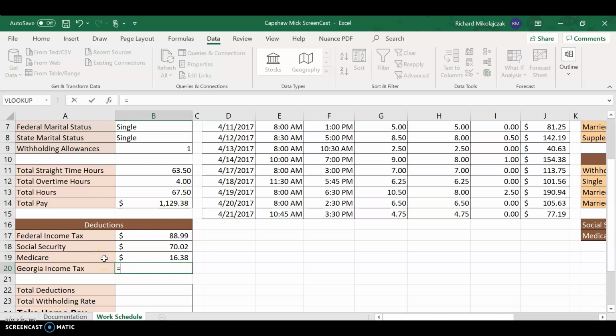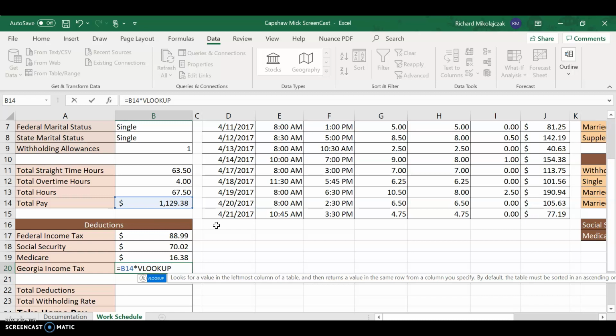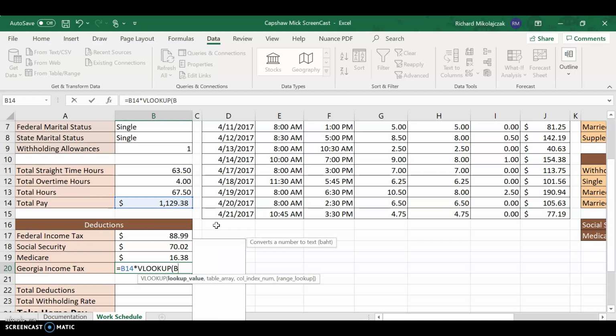So equals pay times VLOOKUP, and it'll be B8, which is your state marital status. And it'll be the new columns that we're using there. It'll be L12 to W14.